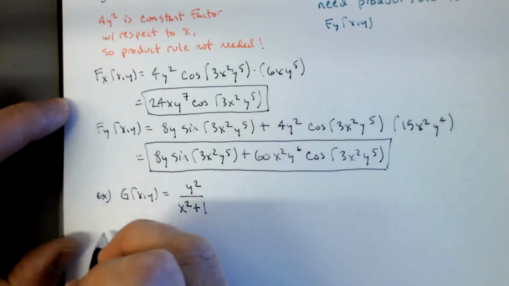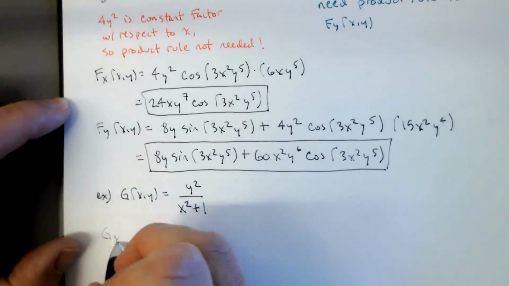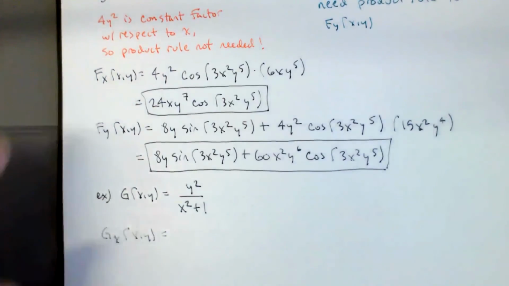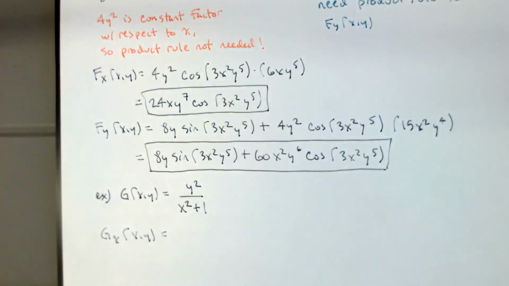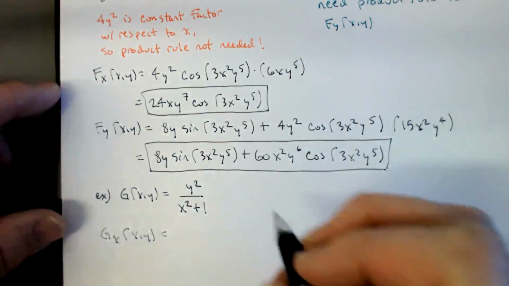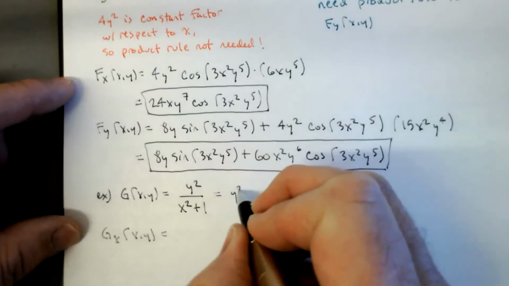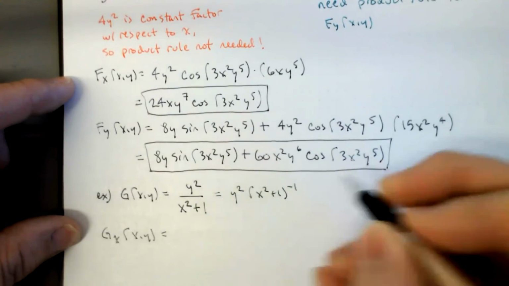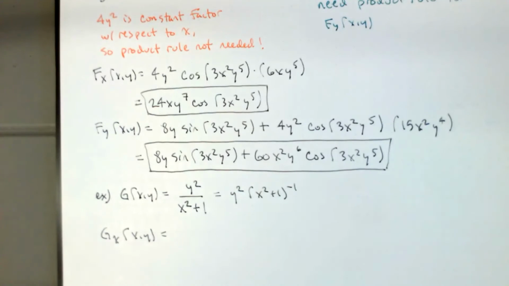So the partial of g with respect to x, we can just read this as y squared, a constant factor, times x squared plus 1 to the negative 1. If I can read things as powers of my variable, then I do.